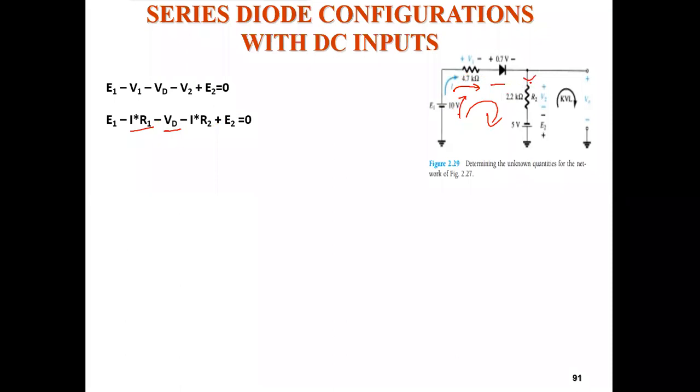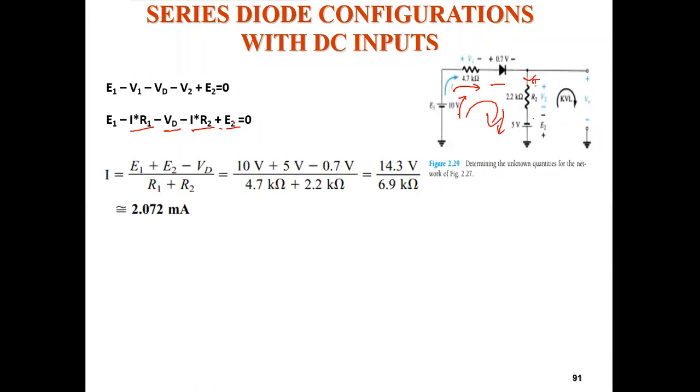The current is named I, so minus I into R2. Here it is plus E2 because you are going in the clockwise direction, moving from minus to plus, so it is plus E2. Just put this in and you will get your I.